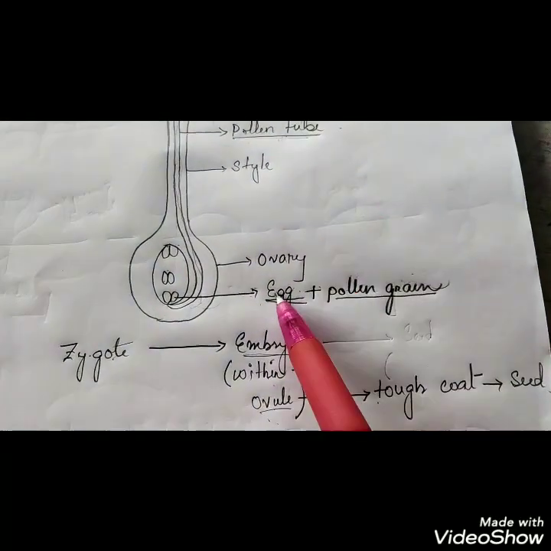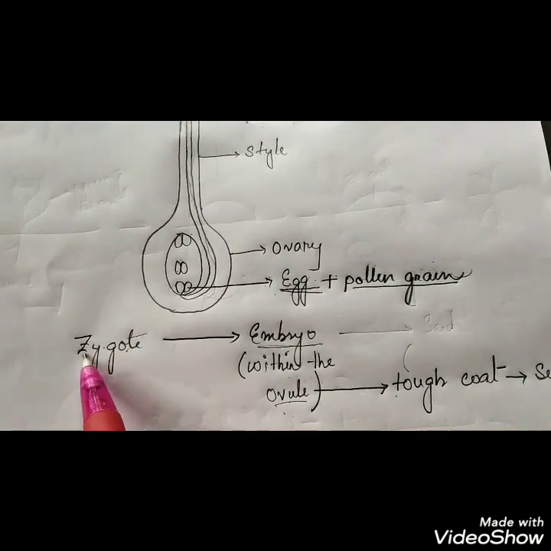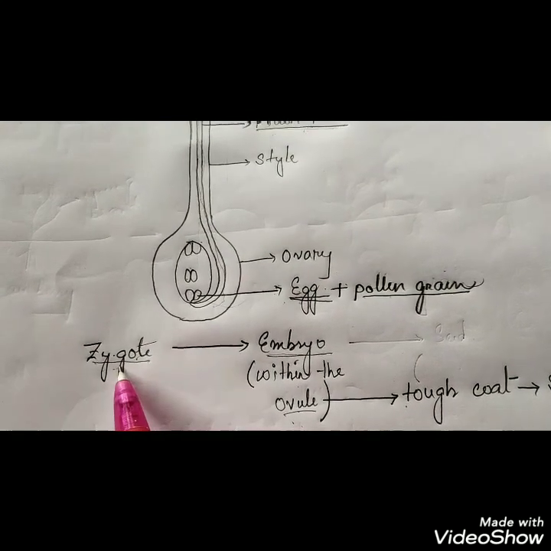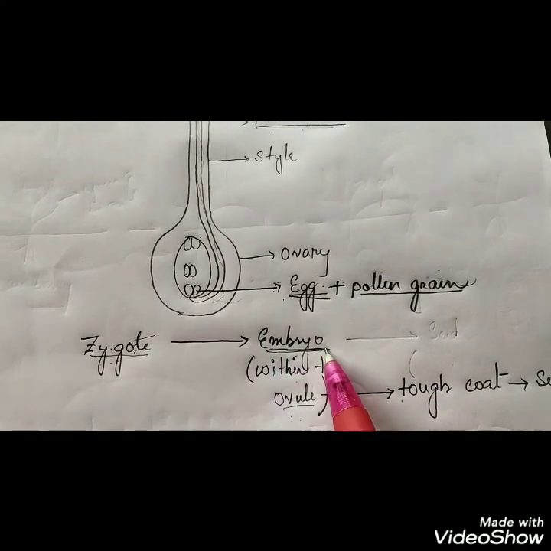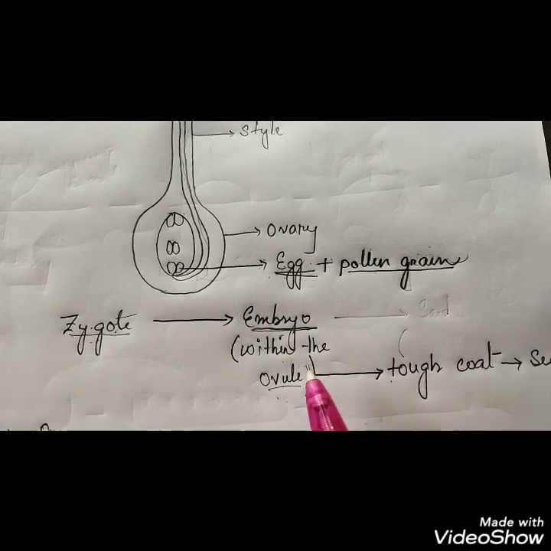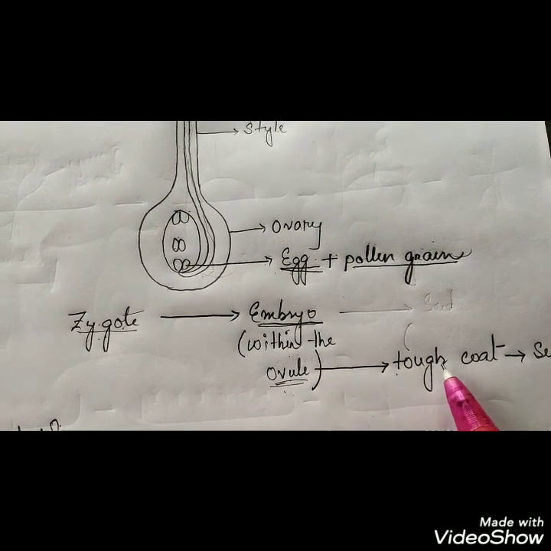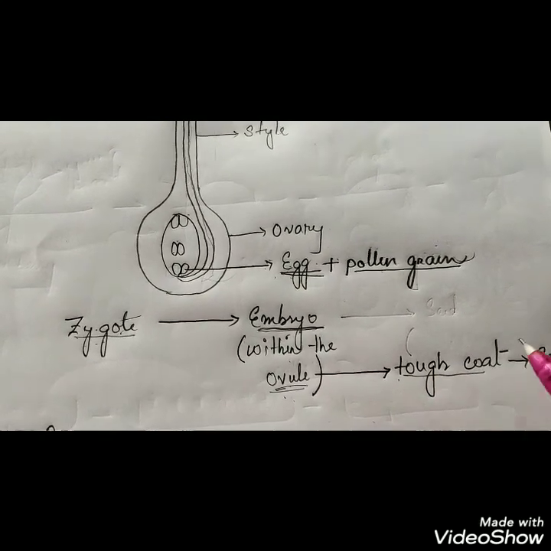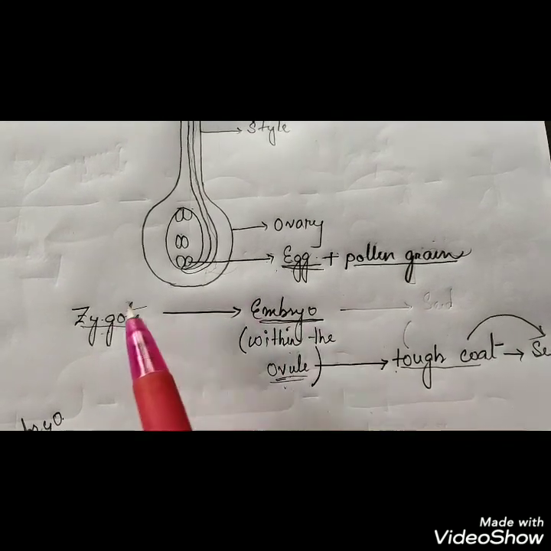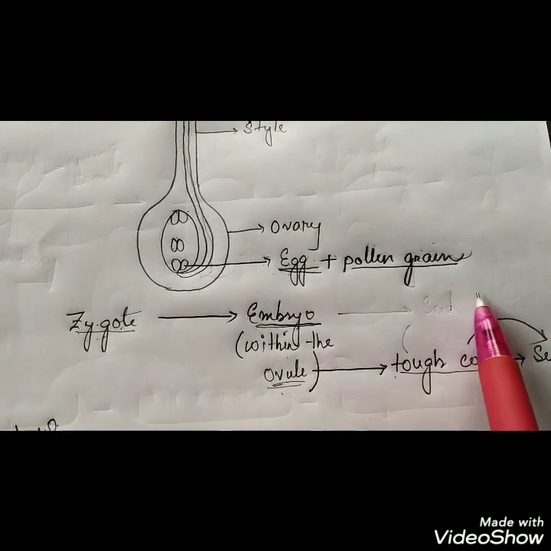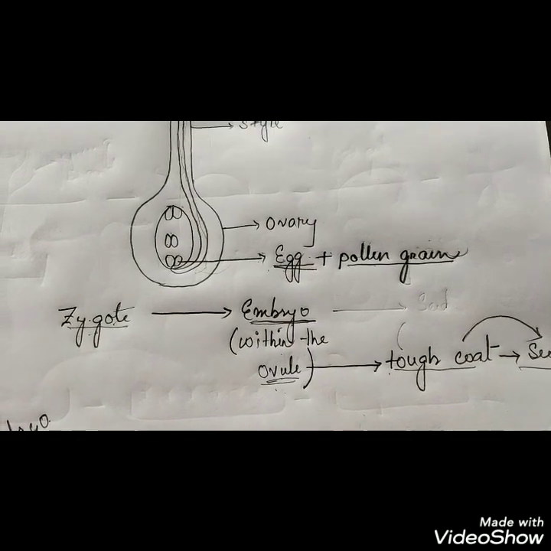We know that the union of egg and pollen grain results in the formation of the zygote, and this zygote will undergo several divisions to form the embryo, which is formed within the ovule. The ovule develops a tough coat and gradually converts into the seed. This is how fertilization takes place and how the seed forms in the flower.